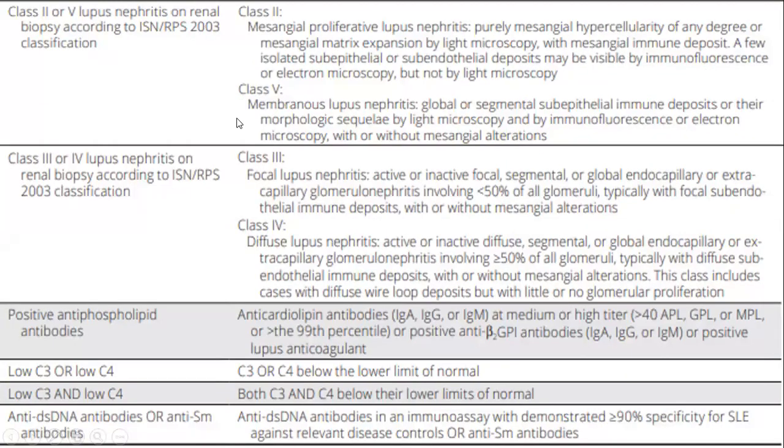And class 2 or 5 lupus nephritis, so it depends on the severity of the involvement of the kidney. Class 2 is termed mesangial proliferative lupus nephritis, whereas class 5 is termed membranous lupus nephritis. Class 3 is termed focal lupus nephritis, whereas class 4 is termed diffuse lupus nephritis.